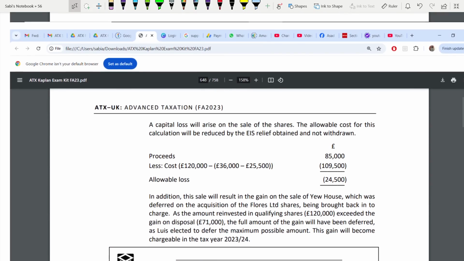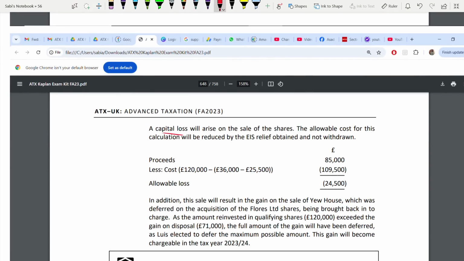Now we'll take the capital loss. Calculate the loss. But this loss will be reduced further by the EIS relief that you have obtained and that is not withdrawn. Remember, your entire EIS relief is not withdrawn. So what are the proceeds? 85,000.